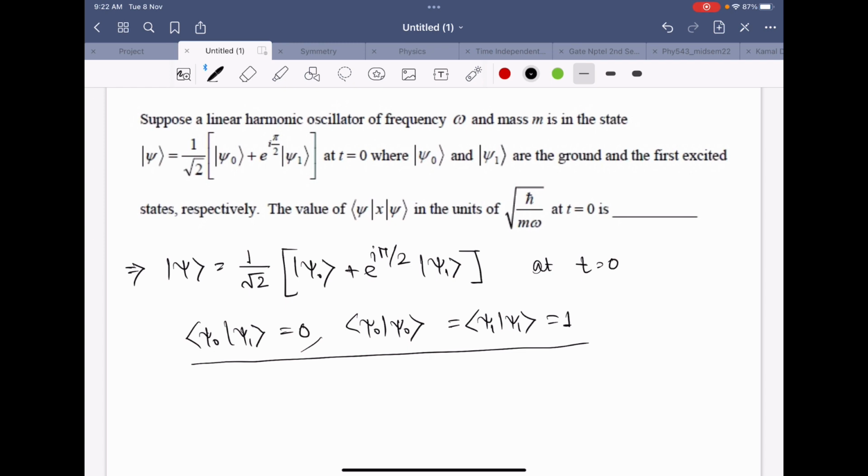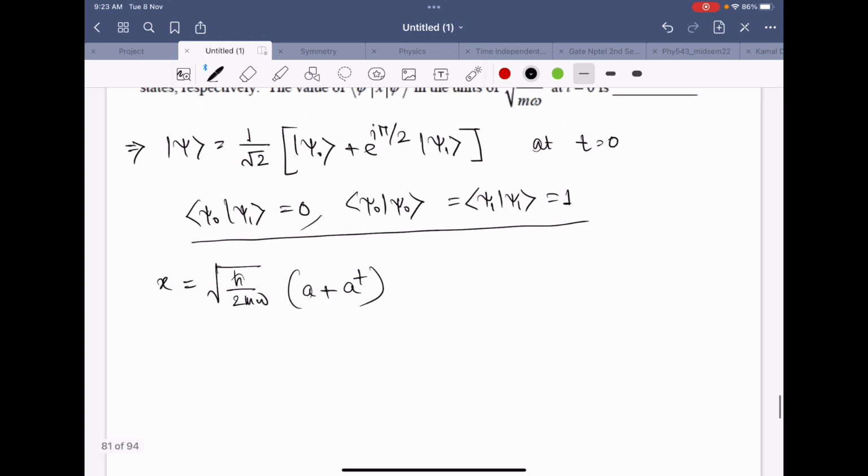So we need to calculate the expectation value of x. Now x can be represented in terms of the raising and lowering operators. A is the lowering and A dagger is the raising operator. Using this we will calculate the expectation value of x in this state psi.